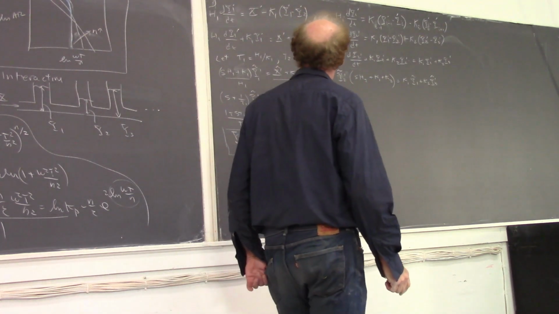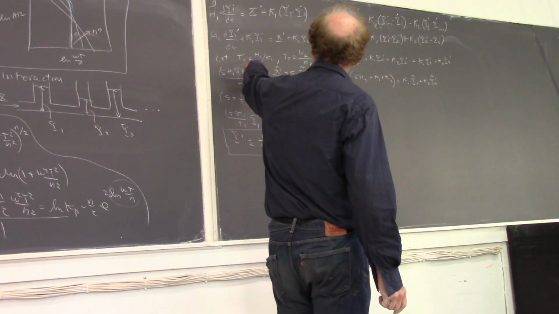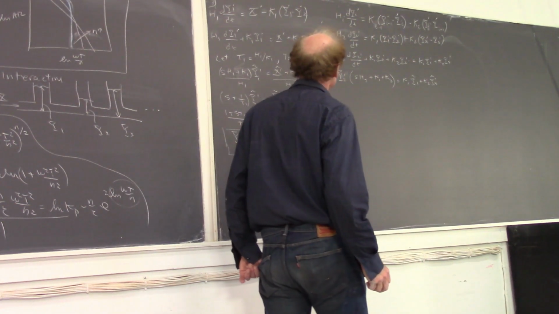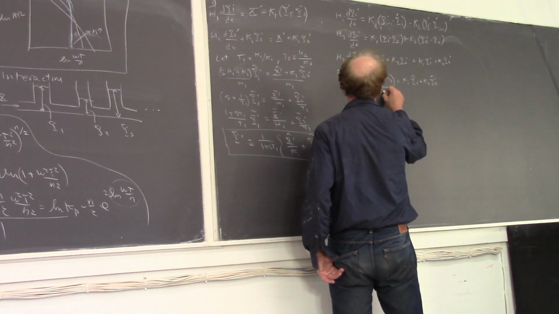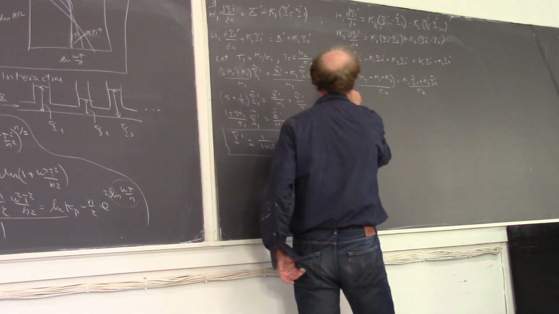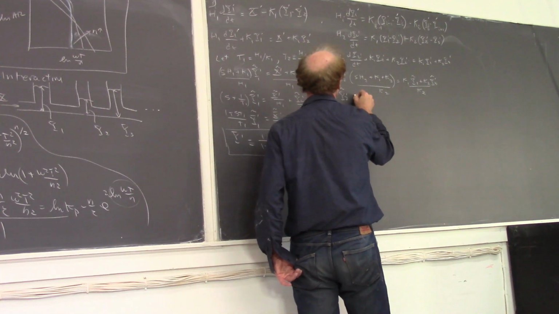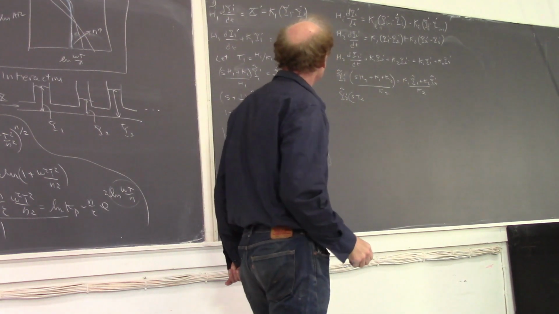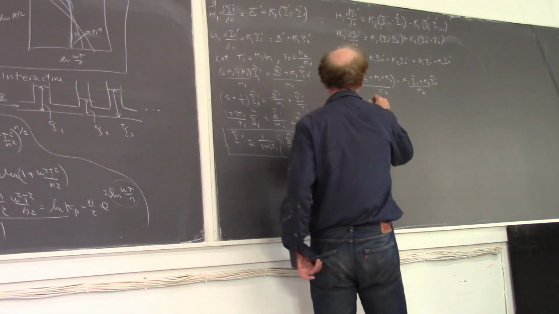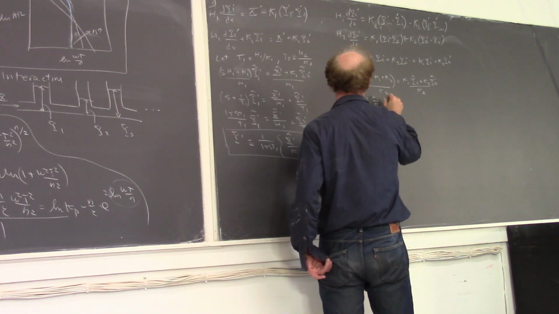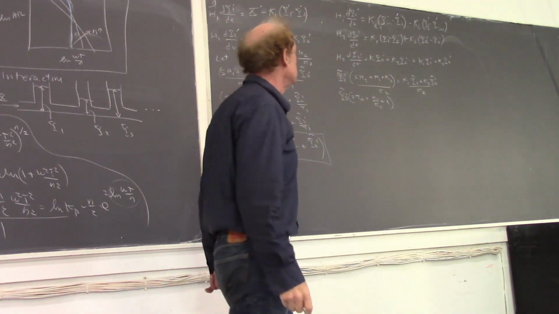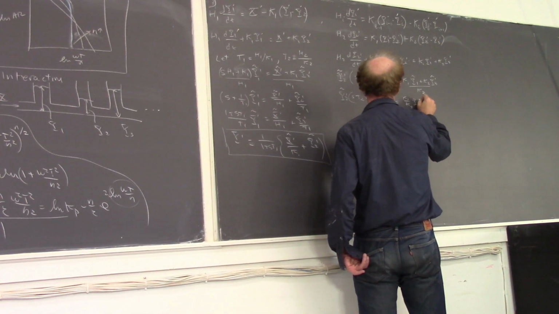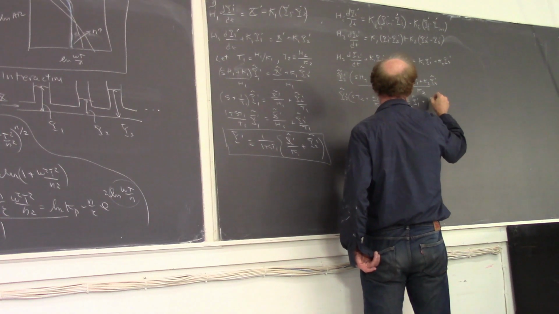And now, again, in order to get T's, I'm going to divide through by K2. So here I have y2 prime tilde times (s H2 over k2 plus k1 over k2 plus 1) is equal to k1 over k2 y1 prime tilde plus y3 prime tilde.